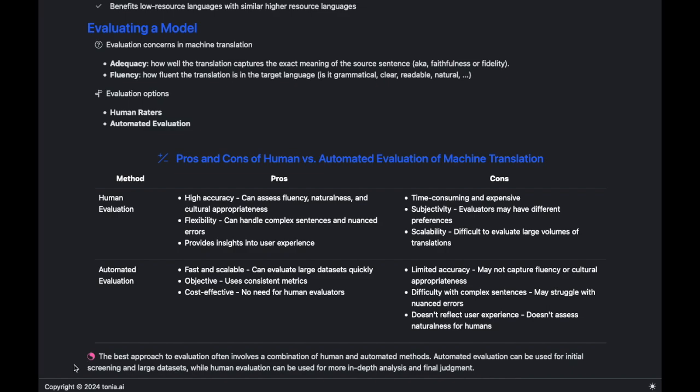So the best approach will often be to combine both automated evaluation with human raters who ultimately make a final judgment on the goodness of that translation to determine which models are better at translating.